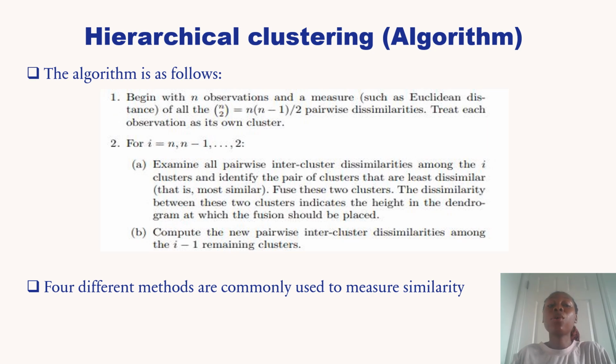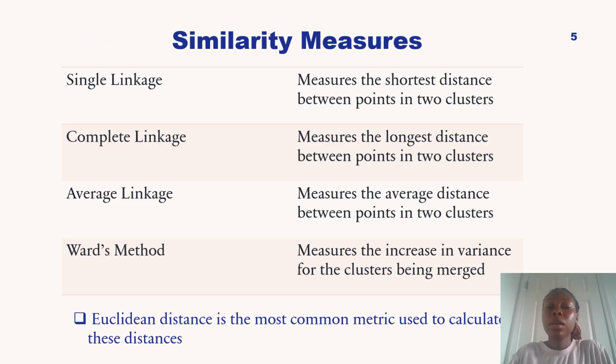Now, there are four different methods that are commonly used to measure similarity. We have the single linkage measure, and that measures the shortest distance between points in two clusters. And then we have the complete linkage, and that measures the longest distance between points in two clusters.